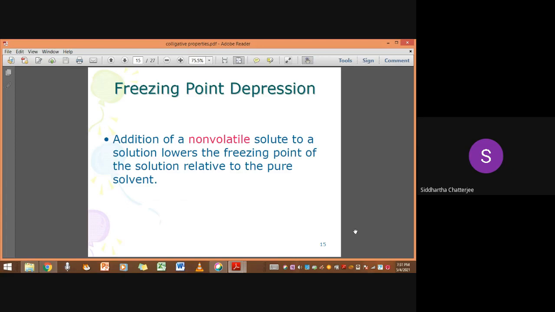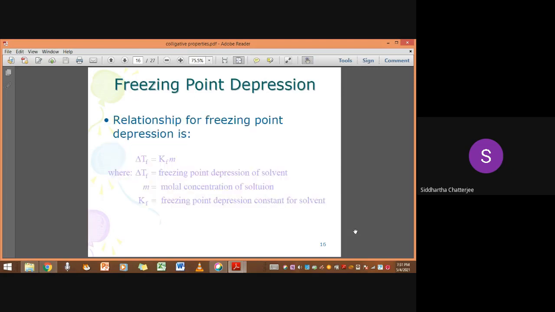TF0 is the freezing point of the pure solvent, whereas TF is the freezing point of the solution. Then the freezing point depression relationship is del TF equal to Kf into m, where del TF is the freezing point depression of the solvent, m means the molal concentration of the solution, and Kf means the freezing point depression constant for the solvent.